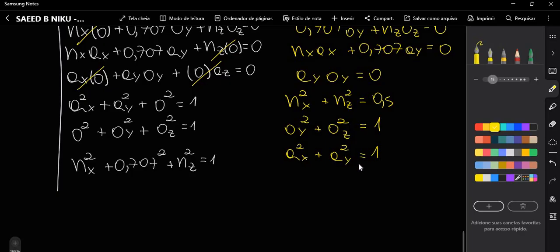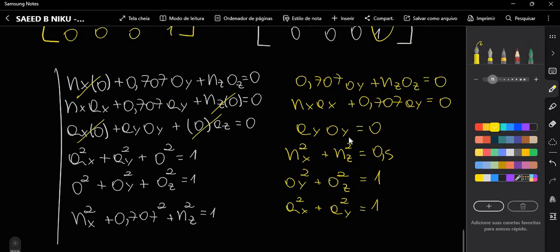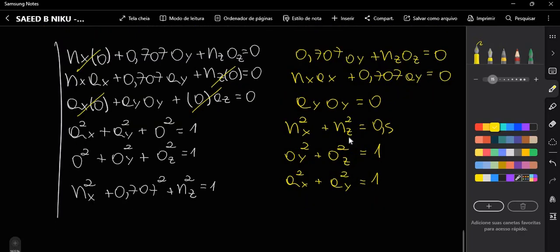Okay, now we just need to solve these equations, and let's start from the most obvious, which is this one.